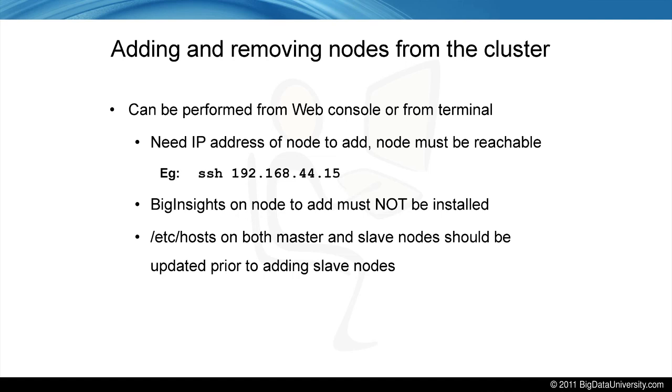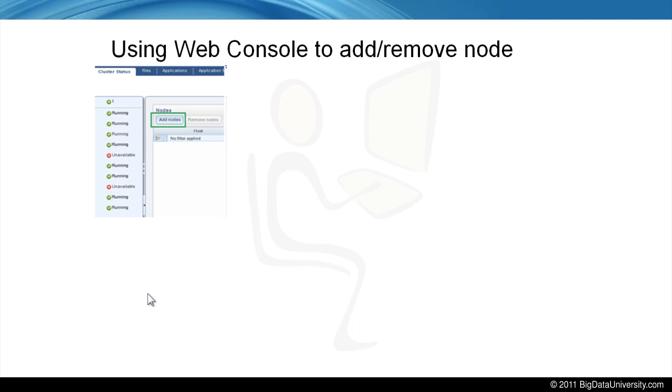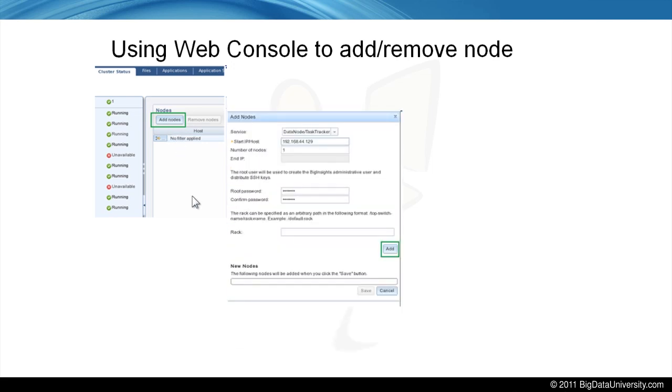So let's continue explaining a little bit more about how to add and remove a node. To add a node, you can go to the BigInsights web console, and there is an option or a button there that you can click to add a node, and on the right side you can see there's another one to remove nodes. In this example, we can first choose to add a node. When you click on that, it will open a window where you can specify the IP address of the host, number of nodes, and the root password.